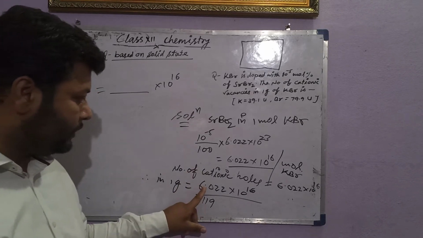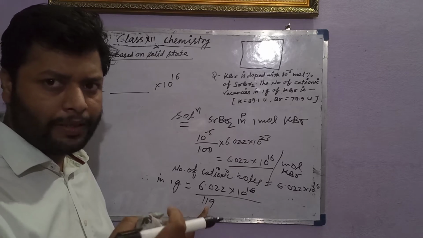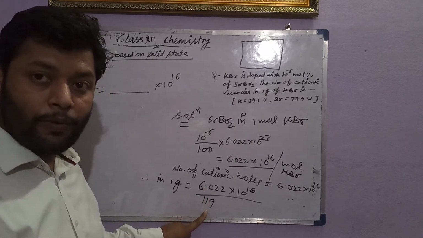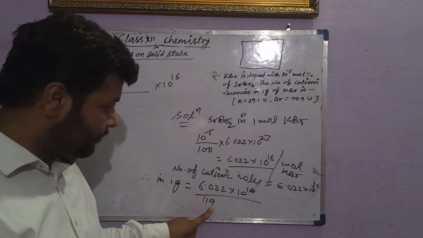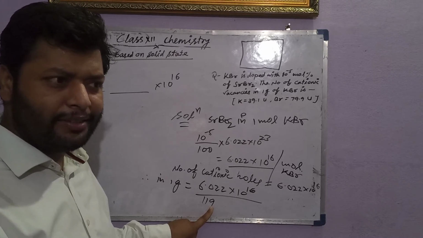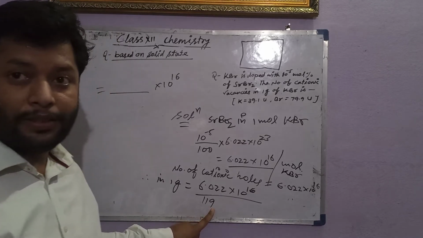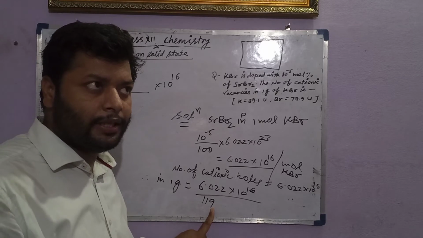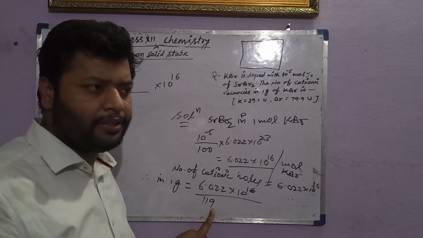Approximately, it becomes 6 upon 119. So solve this. What will be the value?